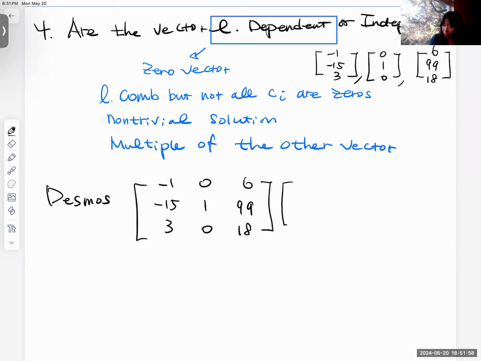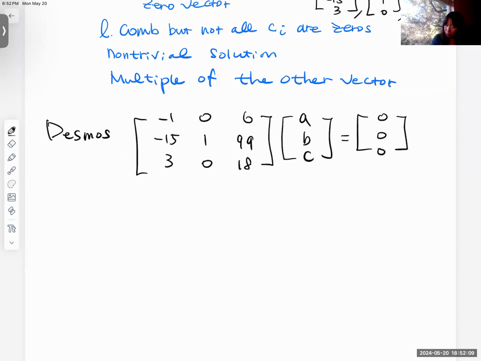So there will be A, B, C, or we can express x1, x2, x3, right? 0, 0, 0. Okay, can you please give it to me using only this one? And reduce the row echelon form.